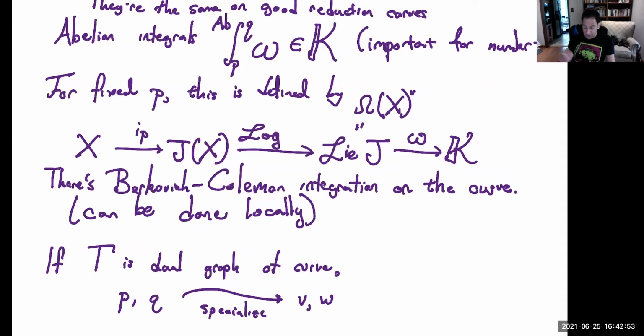You don't have to worry about monodromy in the usual sense here. And now the log lands in the Lie algebra of the Jacobian, but the Lie algebra is dual to one forms, so I can evaluate on a one form. So this composition is abelian integration. And it's somehow very global because it requires the Abel-Jacobi map to define.